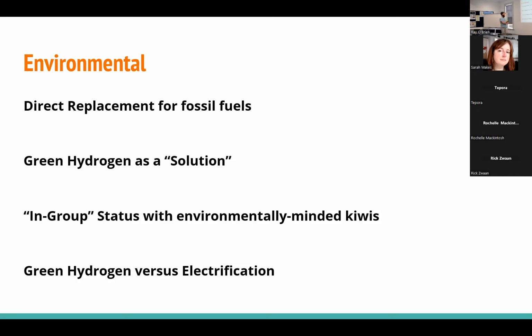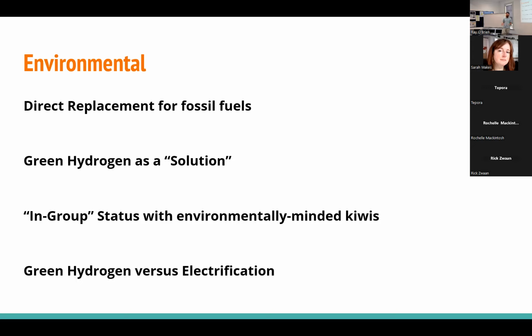We also saw that it essentially hijacked the group of environmentally minded Kiwis. By joining on to the values and the assumed status of this group, green hydrogen in a lot of these articles was posed as, if you support the environment, you support green hydrogen. If you don't like green hydrogen, you hate the environment and you're a monster. Of course, it wasn't said so clearly.